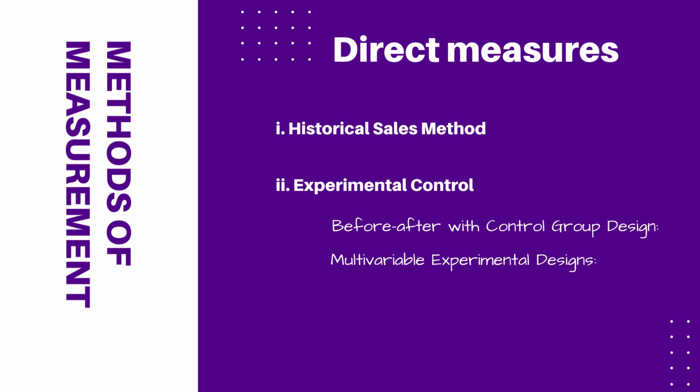So in this historical sales method, the company would base it on past sales and advertising expenditure, and then compare it to the sales of the company. In that way, the company would be able to decide how to improve their advertising and maybe cut their advertising expenses, or increase them.